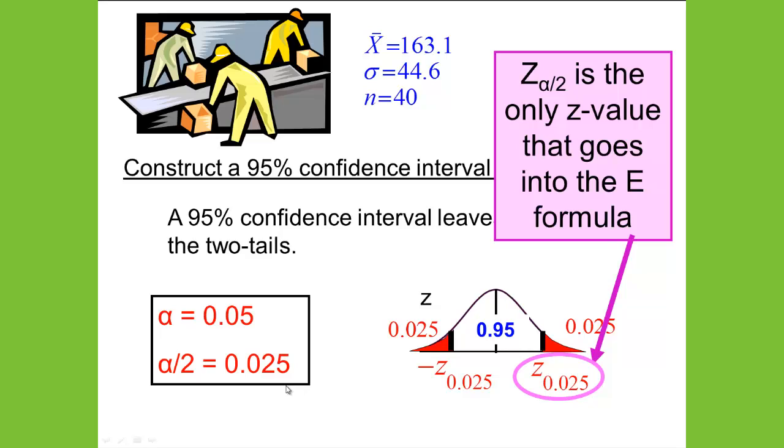The z alpha sub 2 is the only z value that goes into the E formula. Why do we only use the positive value in the formula? Because the formula requires us to add and subtract the E, or the error, thus taking care of the negative value. If we put the negative in it and do the adding and subtracting, it works out to be the same values, and we do not need to do the repetition of that.